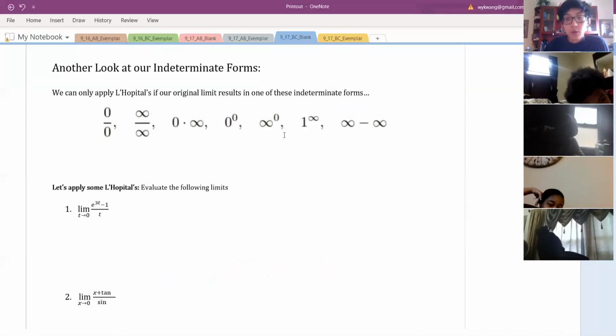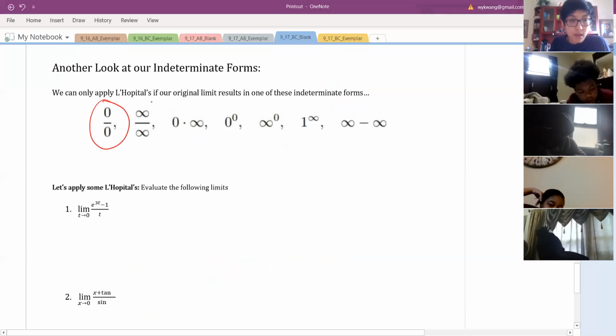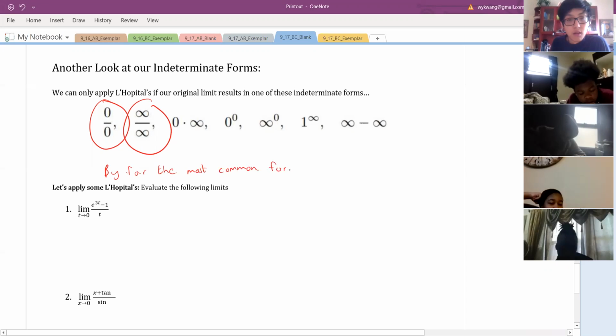And I will go back to this point again because I need to emphasize this. L'Hopital's rule only applies if our original limit is one of these indeterminate forms. And I will also mention this form and this form. I think it's worth copying all these down, but 0 over 0 and infinity over infinity are by far the most common forms we're going to encounter.